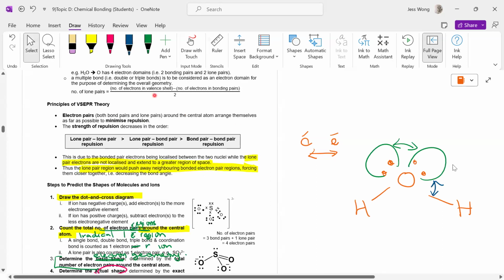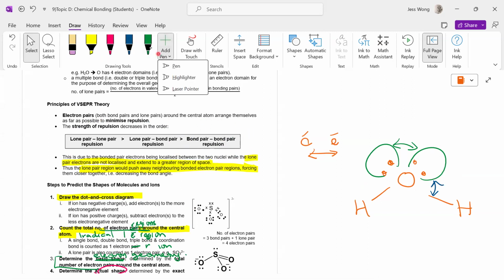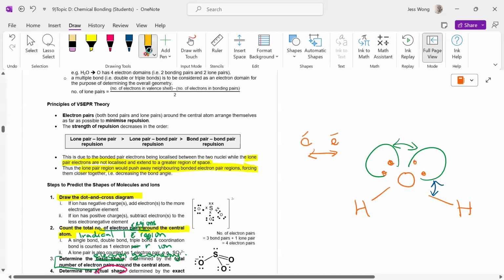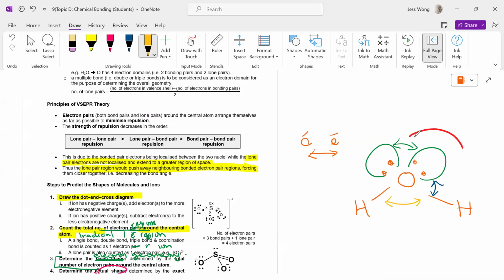So the green repulsion is much greater than the repulsion between the lone pair and bond pair. The lone pair-bond pair repulsion and lone pair repulsion are all greater than the bond pair repulsion, which is the repulsion between these bonds. So as a result, we are seeing a very great force pushing them together.